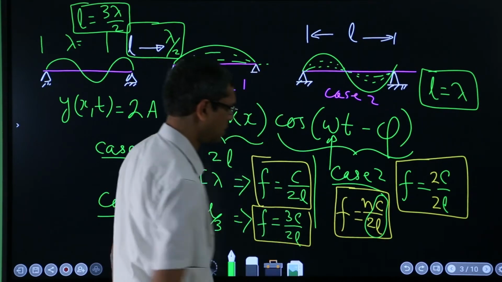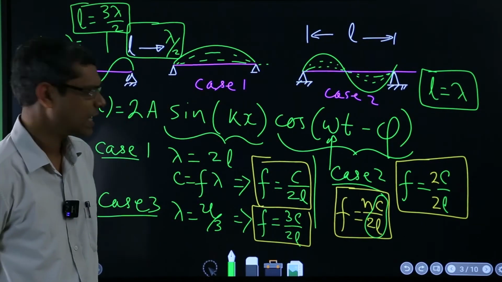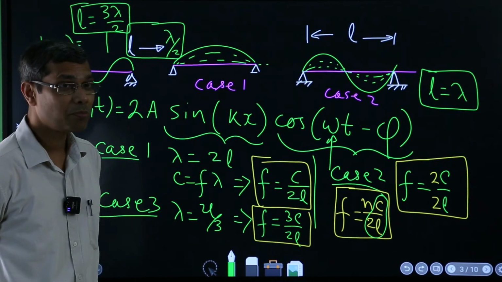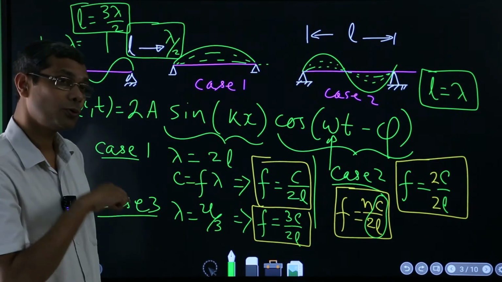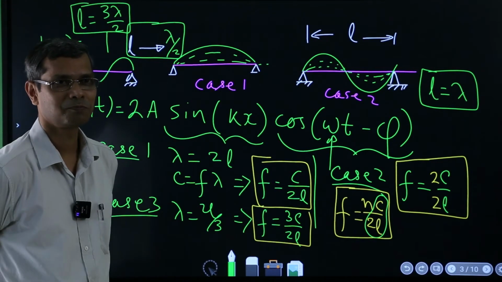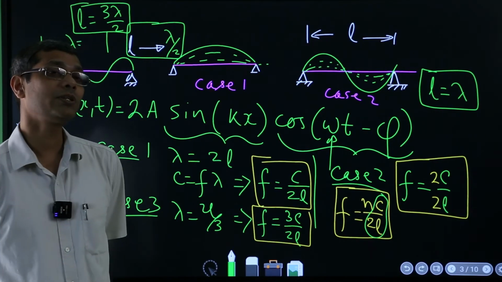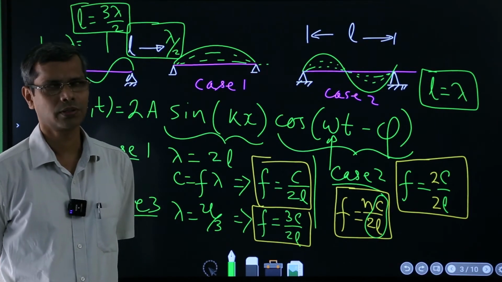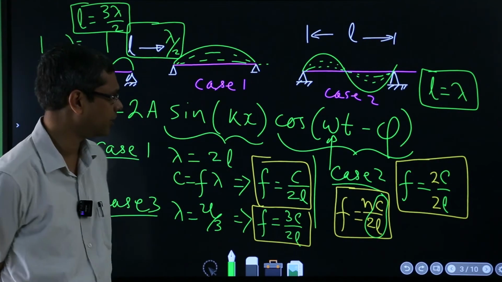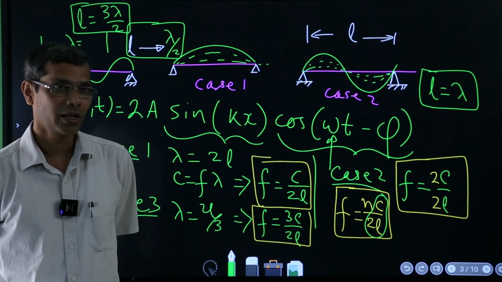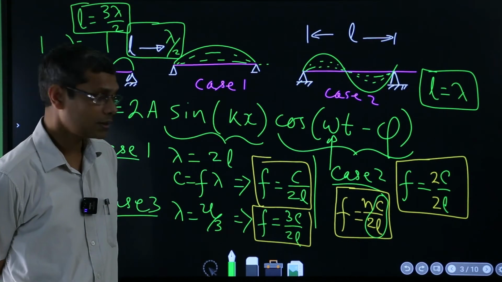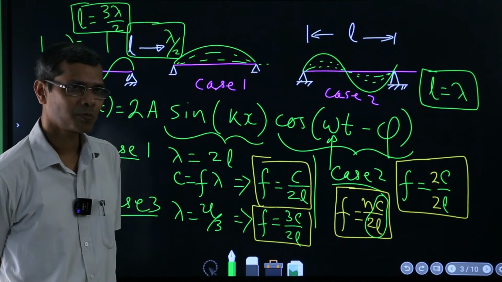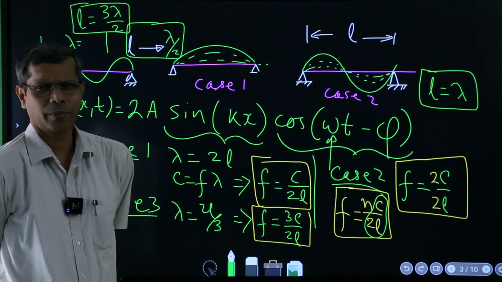Now, do you recognize this part? What is this? C over 2L is the time that a pulse takes to go from one side to the other and come back. That is what we started our discussion with, saying it will have something to do with the periodicity of the waves. So that is the least which can happen, and that will be our fundamental frequency.